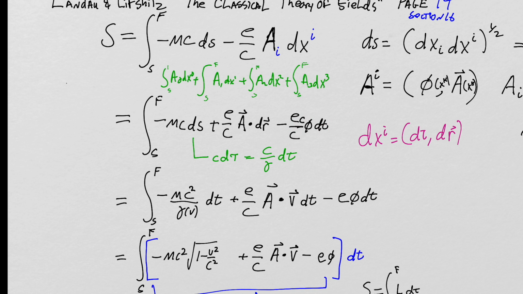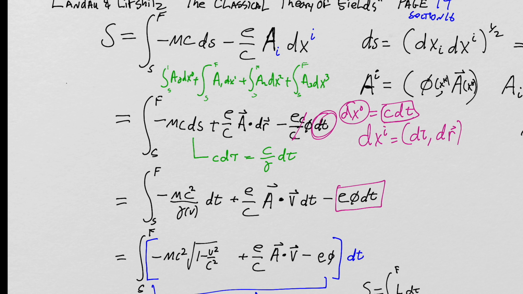And here's where we start seeing this 1 over c help out, because the time part, remember, the time part here is going to be dx0, but that is just equal to c dt, right? So now to get this dt here, we've taken dx0, converted it to c dt, and now these c's will cancel, and you'll just end up with e phi dt.